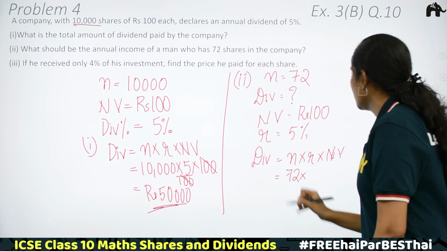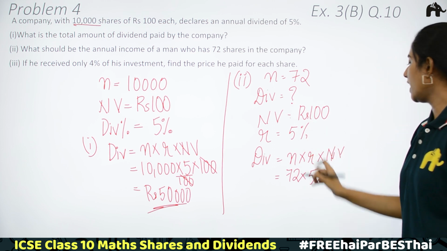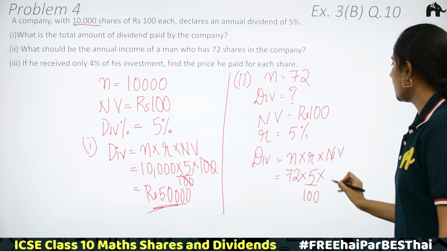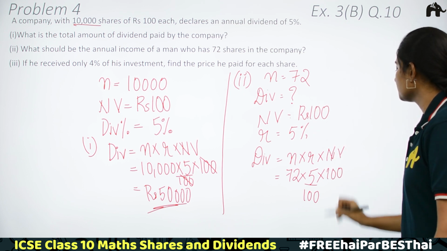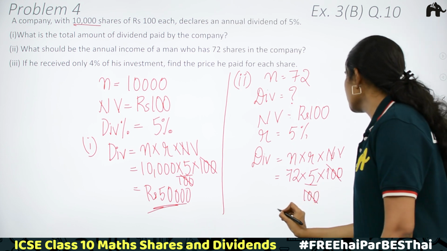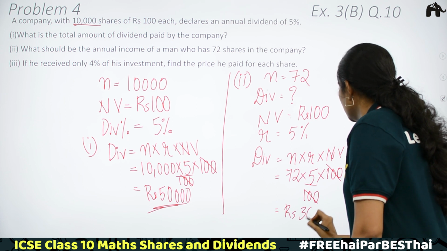72 into 5 by 100 into nominal value 100. Cancelling hundreds, you will be getting rupees 360.